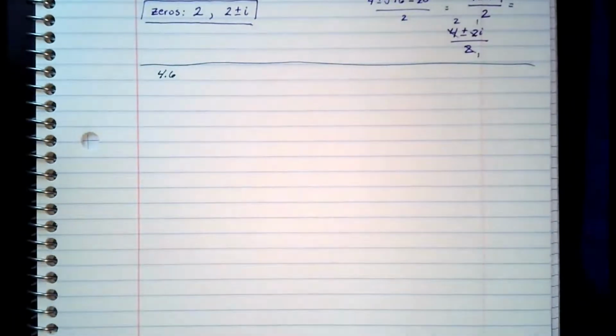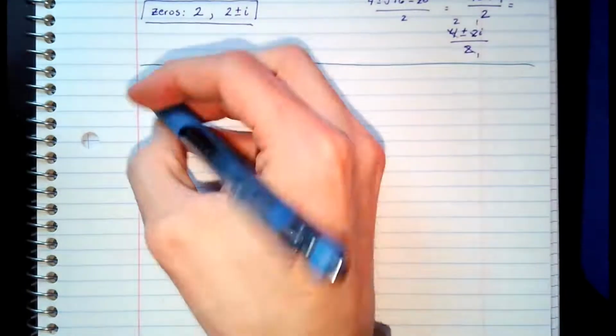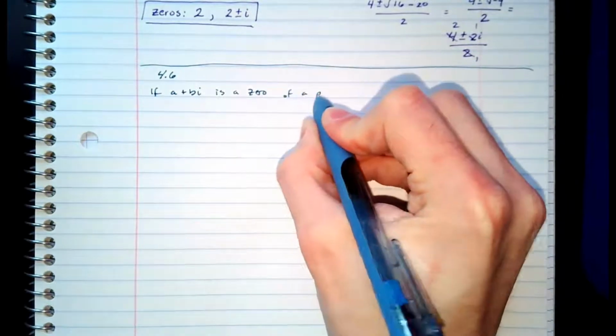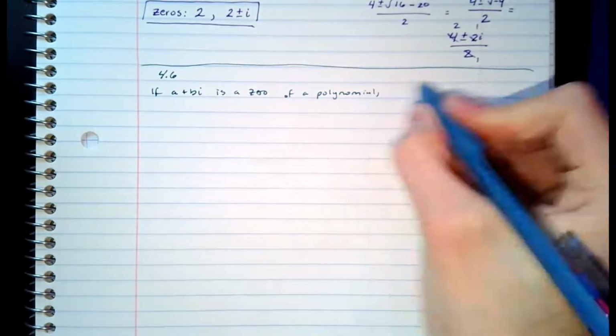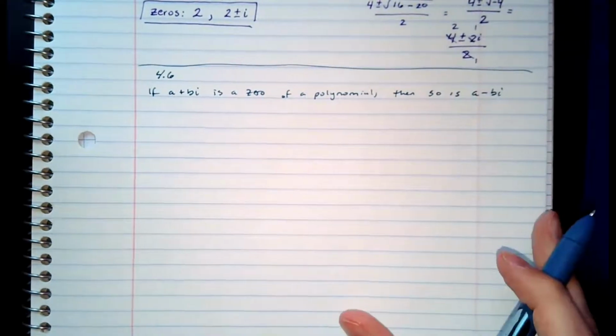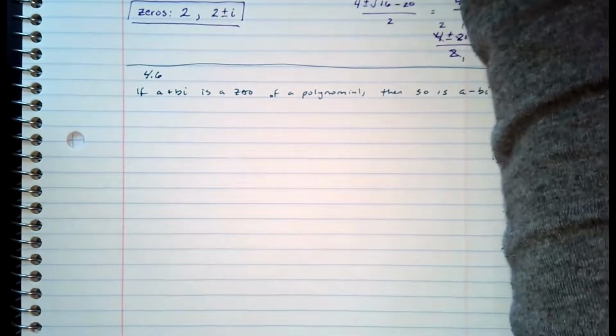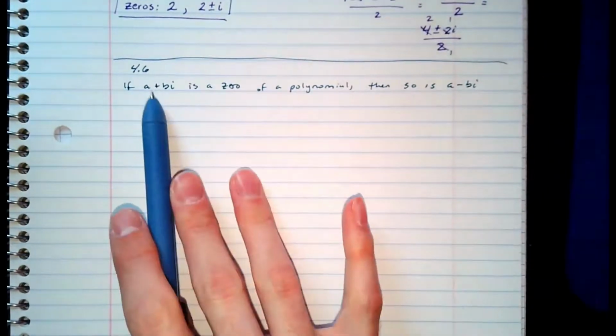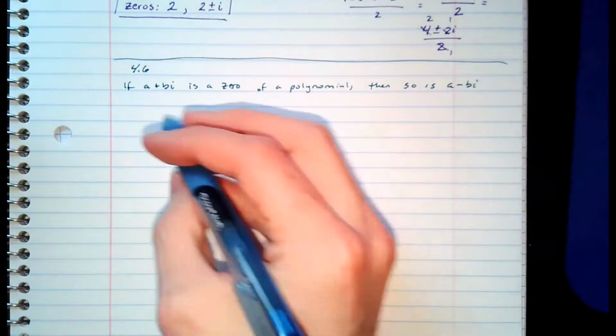Something that I skipped over before we started was this fact that when a plus bi is a zero of a polynomial, then so is a minus bi. That is called the complex conjugate. So if you have imaginary parts of zeros, they'll always come in a pair of twos.